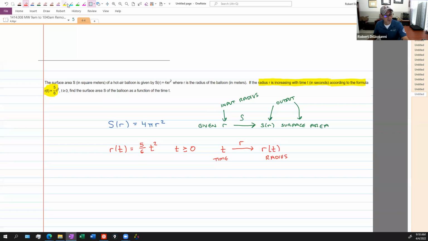What we're trying to do is find the surface area as a function of time. So what we want to be able to do is come up with some function that takes time in and spits out the surface area. How could we do that?